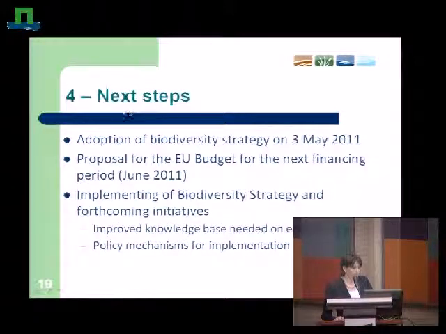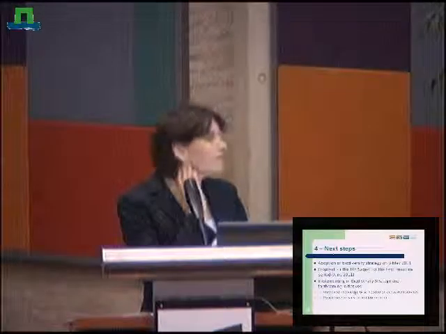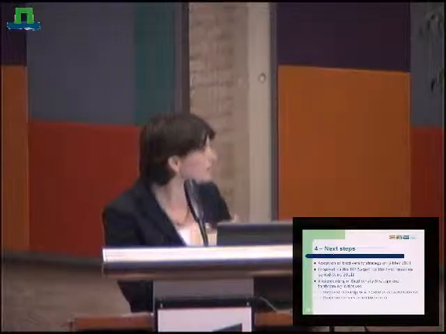So the next steps now, the key policy documents, the biodiversity strategy and the roadmap to resource-efficient Europe, are adopted. Next are of course the budget discussions, and there were first orientations published in June, and now it's about elaborating this concretely into the different instruments.